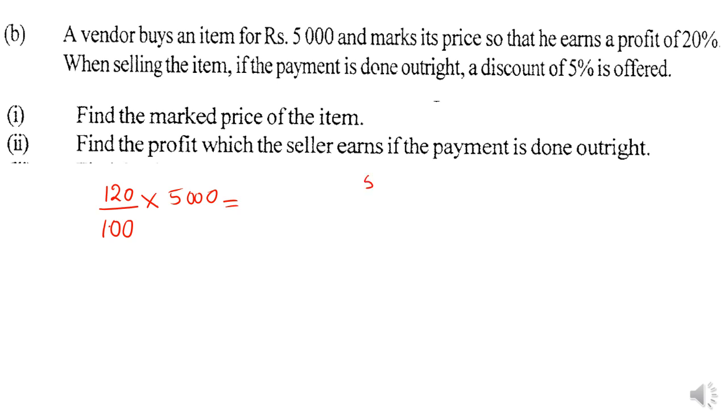You see, it's something like this. This is 5,000 is the 100%, and you have to find the price of 120%, right? So that's what we are doing here, and you can cancel out this 100 to 100 here, and then it is going to be 120 into 50.